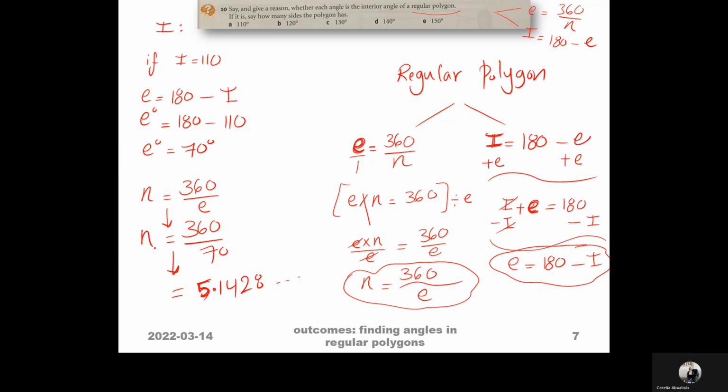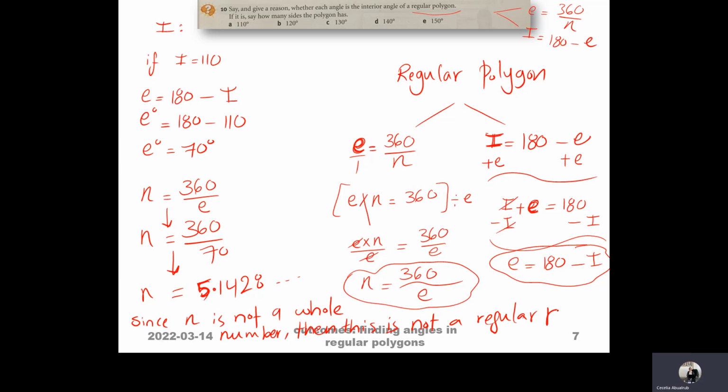So since N is not a whole number, then this is not a regular polygon.